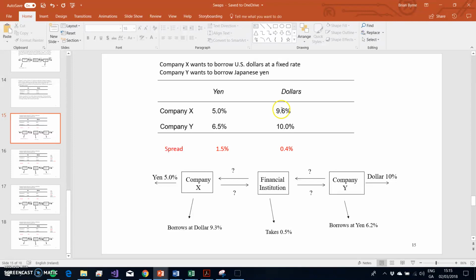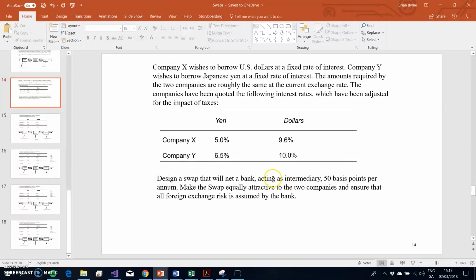So if we're to structure a swap where each of the counterparties are to gain something, in this instance we're told to structure a swap so that the financial intermediary takes 50 basis points. That's a bump up on the previous 10 basis points we saw in the previous example, but maybe not too surprising given that currency swaps entail currency risk for the financial intermediary, so we pay them a little bit extra to reflect that risk.